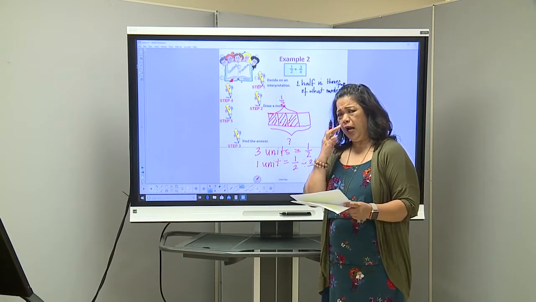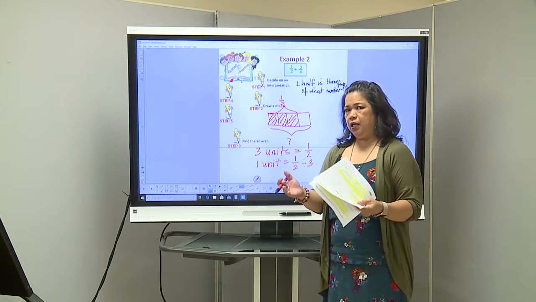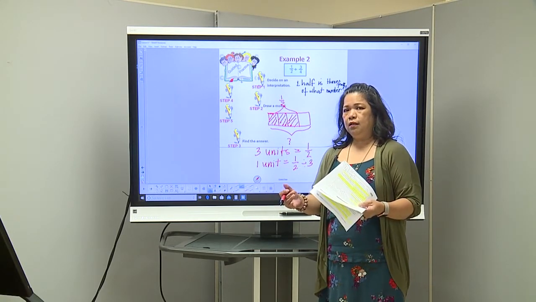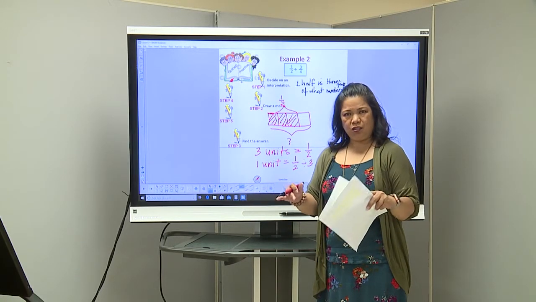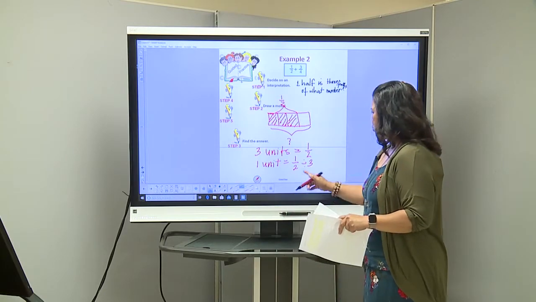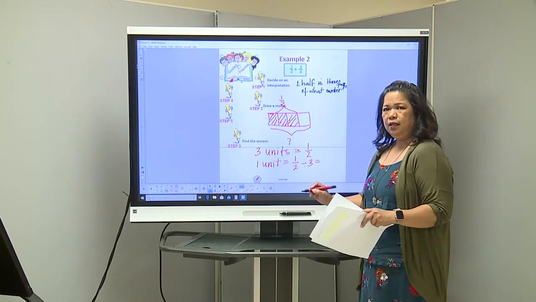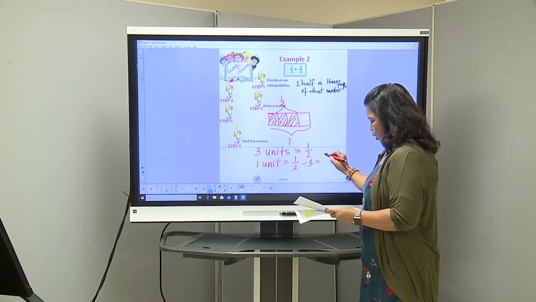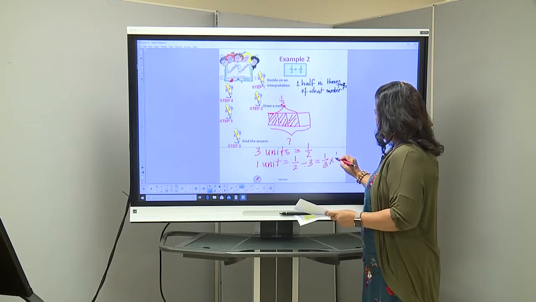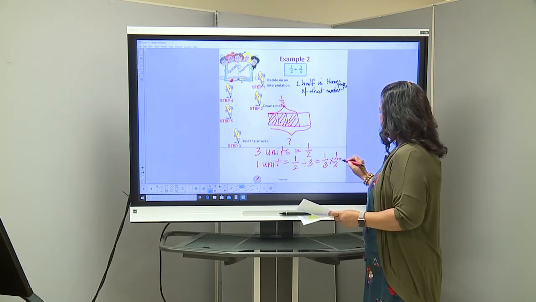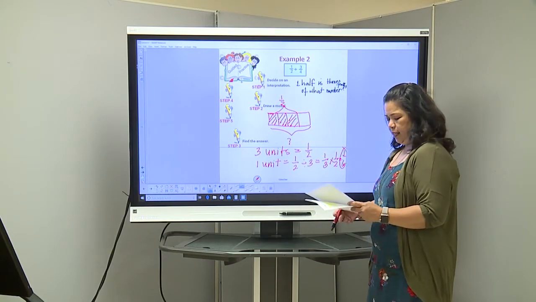Now remember how we related division and multiplication in this process, how they are the same. So 1/2 divided by 3, remember, is the same as saying 1/3 times 1/2. And of course, that would be 1/6.